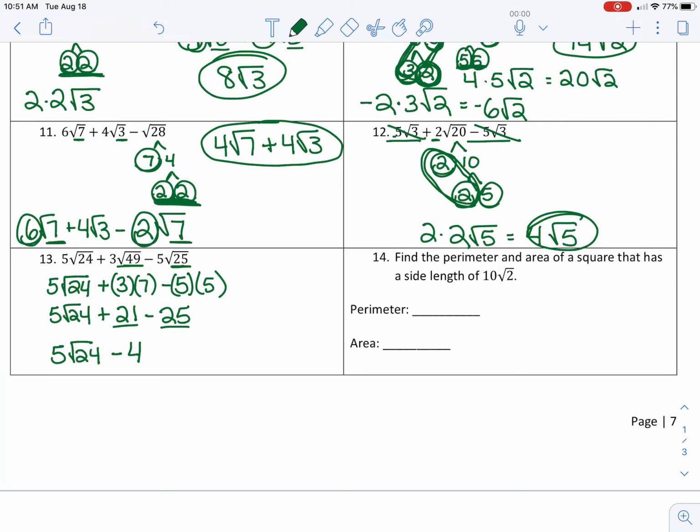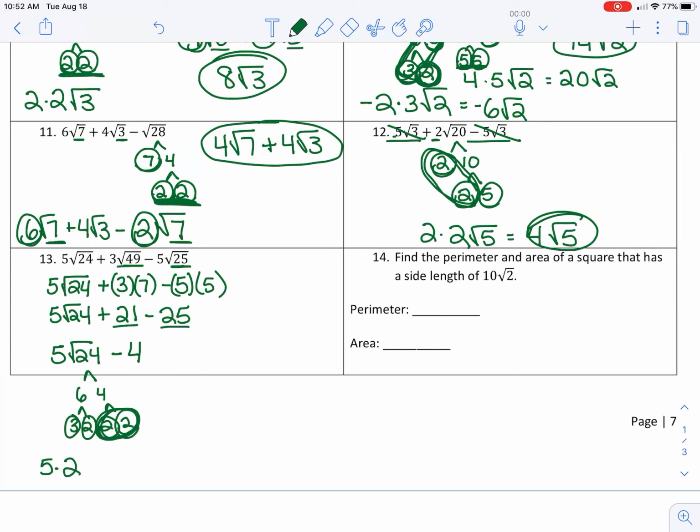And a lot of you might want to stop here, but we're not quite done because 24 is not simplified. That is not a prime number, so we have to break that down. So we're going to break that down to 6 times 4, and then 3 times 2, which makes those both prime, and then 2 times 2. Okay, so I already have a 5 outside. I have a pair of 2s right here.